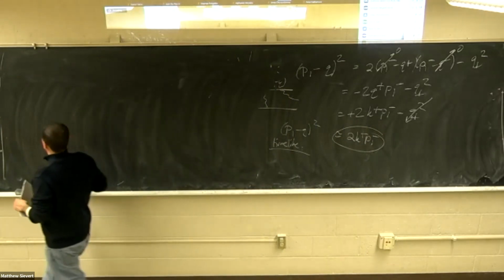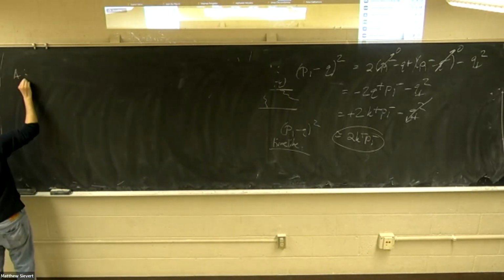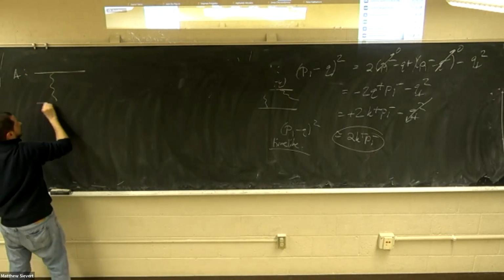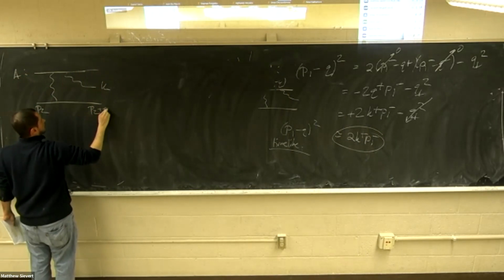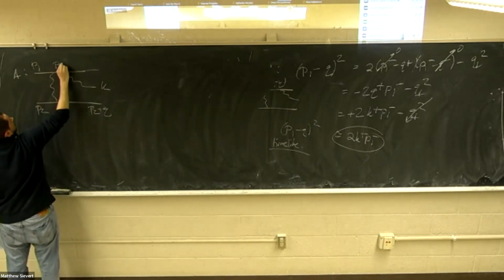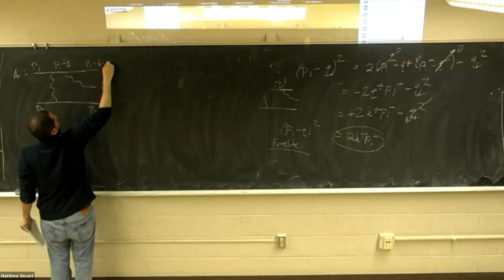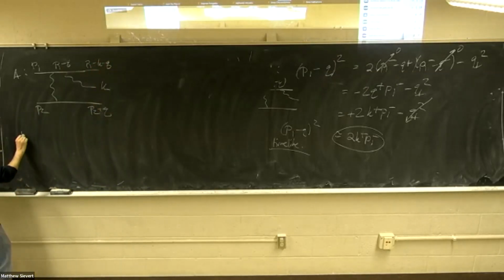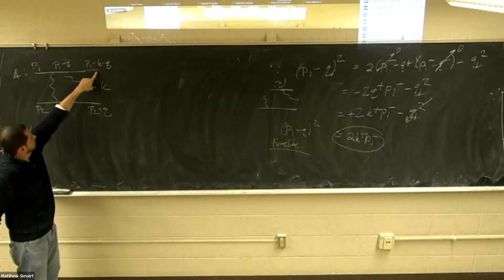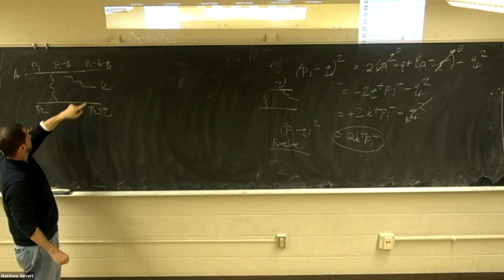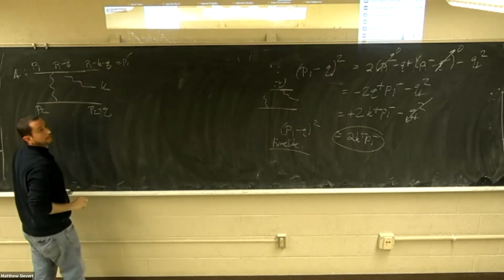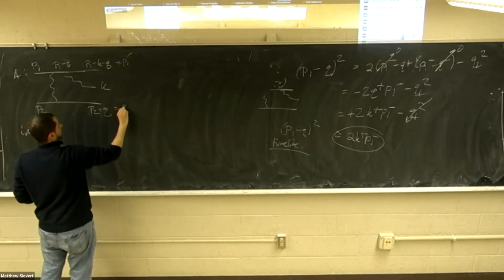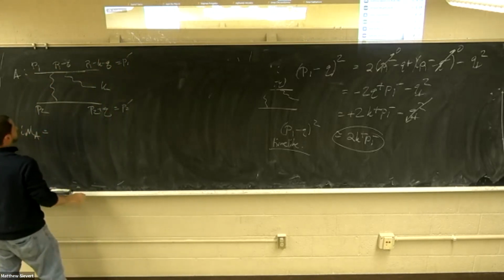Let's start with that diagram A. So my amplitude for diagram A, if I do the same thing as before, I start with this final state quark and work backwards. I have a spinor. Let me call this P1 prime for abbreviation. Call that P2 prime for the same reason.